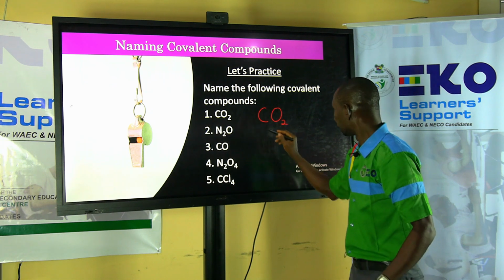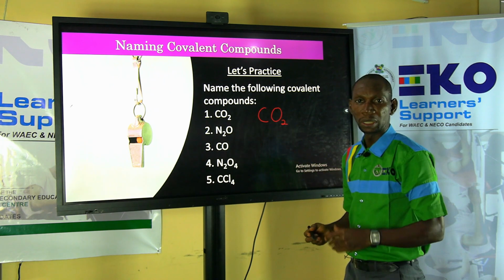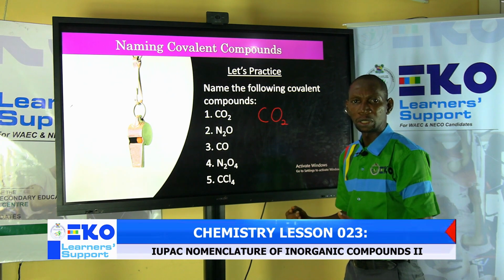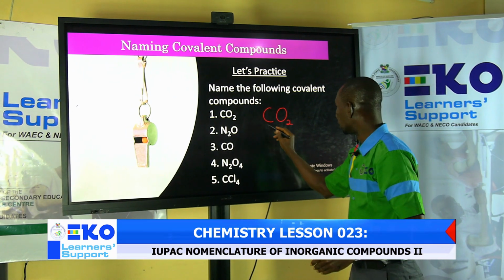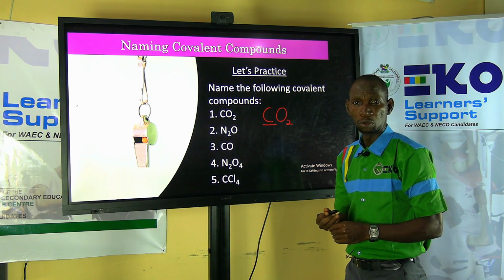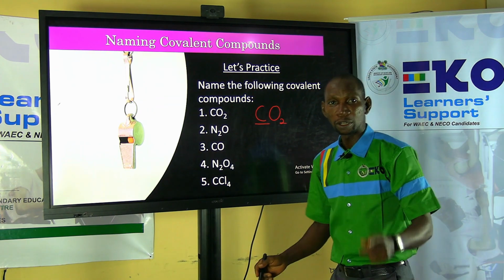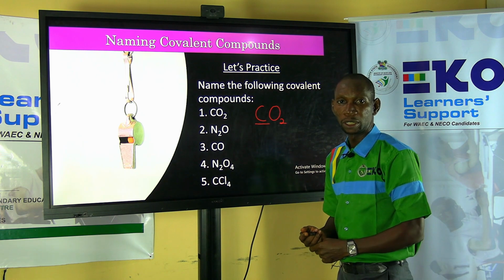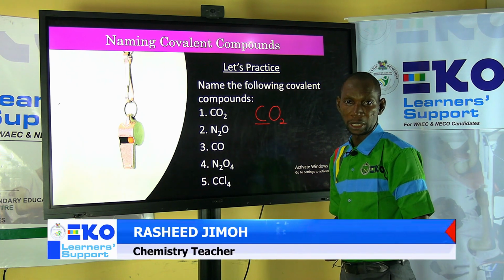So, the first part of this name is going to be carbon. The next part of the rule is that we must find the oxidation number of this carbon in this compound. If you refer to our earlier video on how to calculate oxidation number, you would be able to calculate the oxidation number of carbon here.